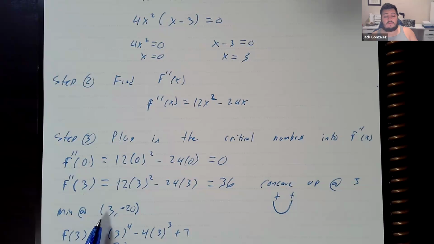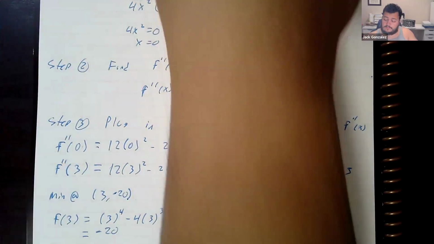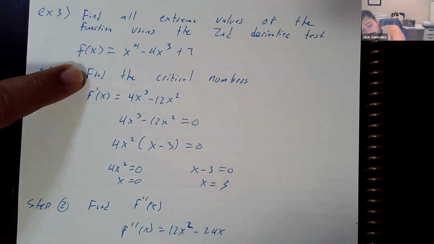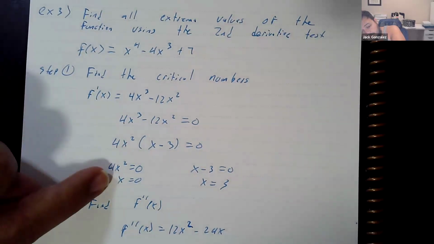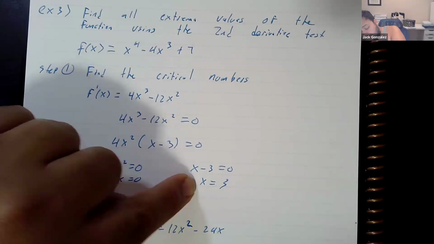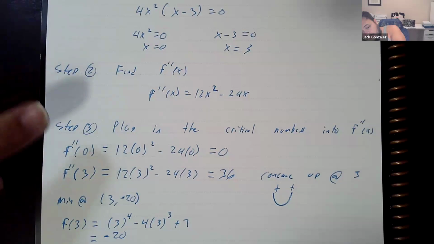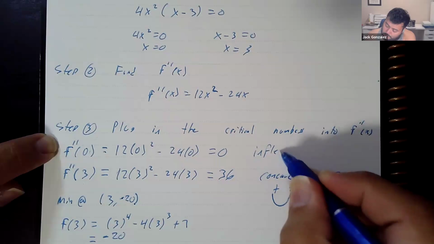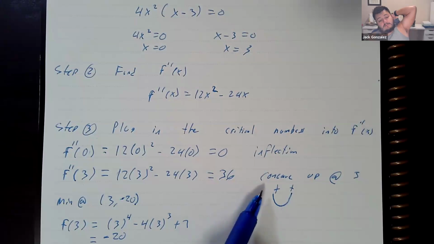So at 3, negative 20, we have a minimum. Just one more time from the top: find your critical numbers using the first derivative, set it to 0, solve for x. We got 2 critical numbers. One of them turned out to be an inflection point. The other one was concave up, therefore it is a minimum.